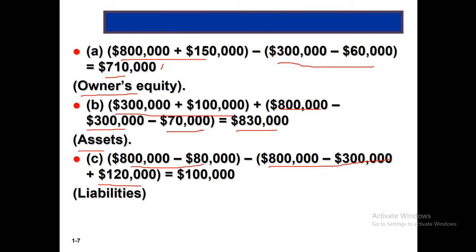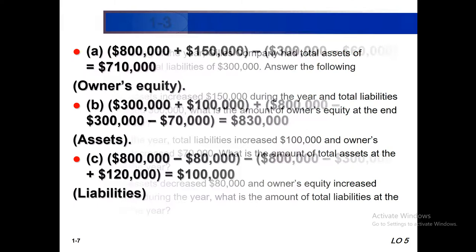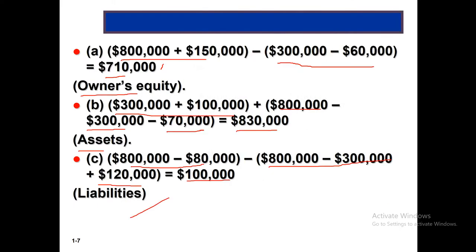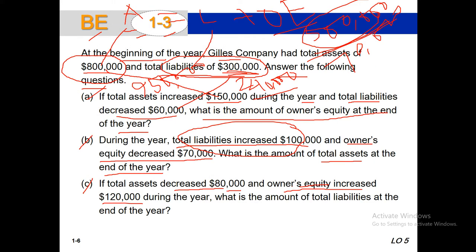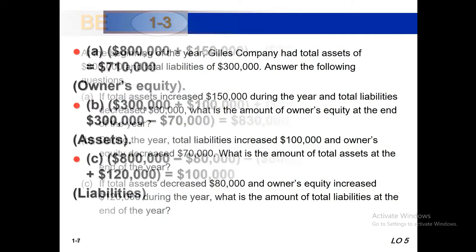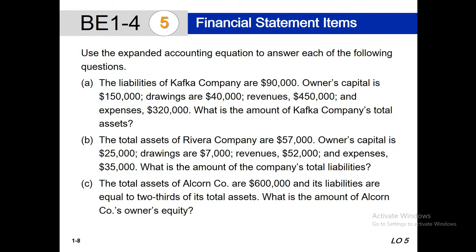So the balancing figure will be 1 lakh. This is the liabilities. I think you are all clear on this requirement C.